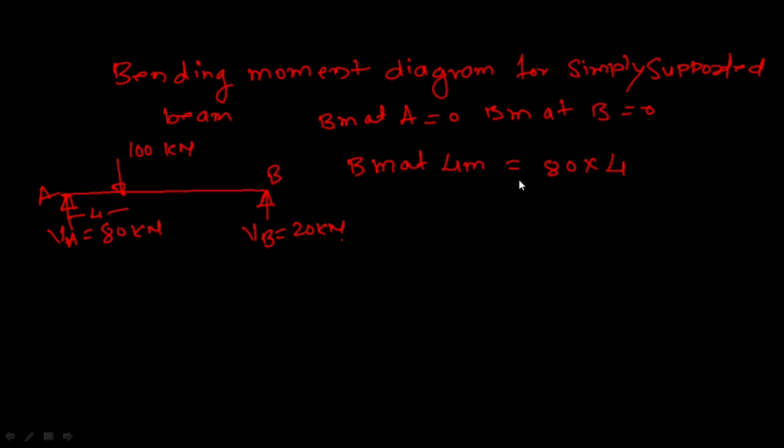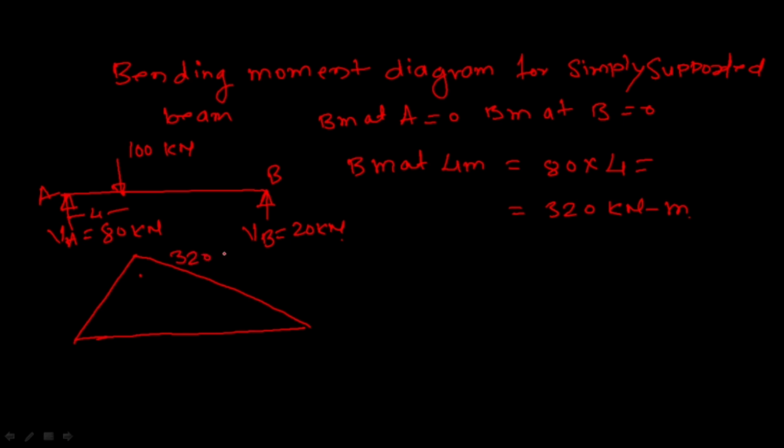This gives 320 kilonewton meter. If you draw the bending moment diagram for this, here is 320 kilonewton meter, and this diagram is the opposite. This is called the beam moment diagram.